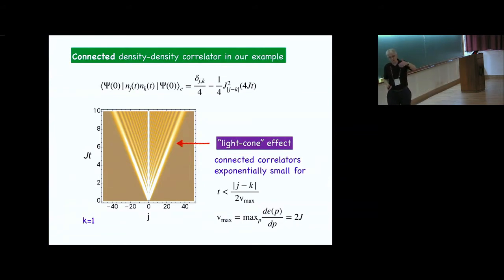Now, if you have a non-integrable theory, let me just add a perturbation to this model which breaks integrability, which makes it interacting. You still have a light cone effect. The main effect you see is this light cone, and the intensity of the light cone drops off very, very quickly. So basically, you see a clear light cone here, and then here it becomes very weak.